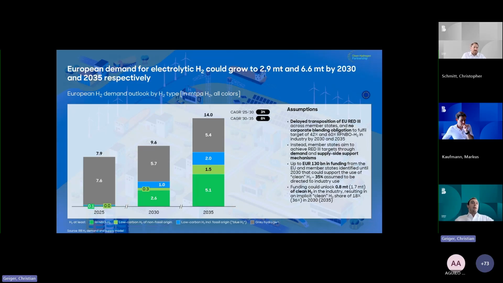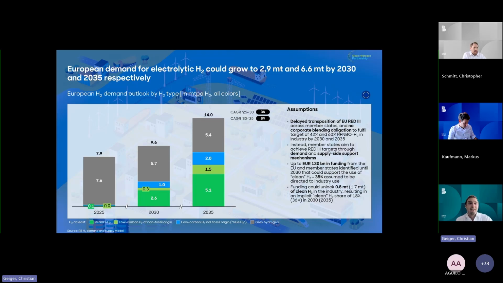What becomes evident is that we expect an overall strong increase in hydrogen demand, from around 8 million tons per year in 2025 to 40 million tons a year in 2035, so in 10 years.